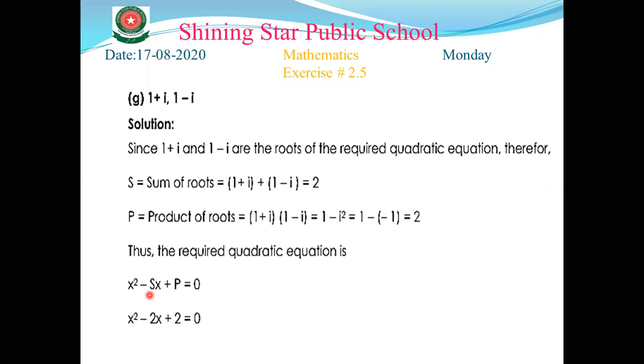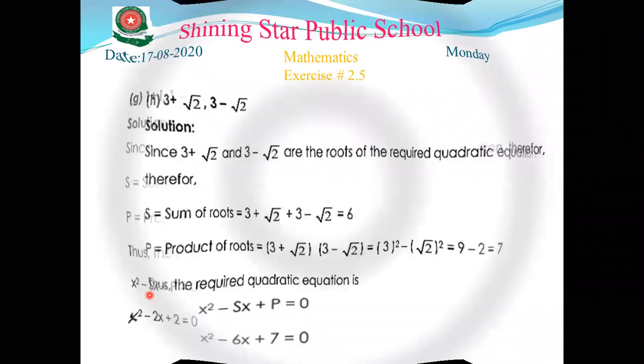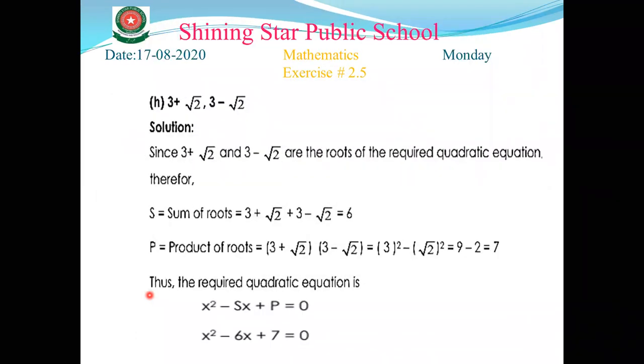Now, let's move to the next slide. Part number H. Part number H is 3 plus square root 2, 3 minus square root 2. So, the sum of the roots is 3 plus square root 2 plus 3 minus square root 2.